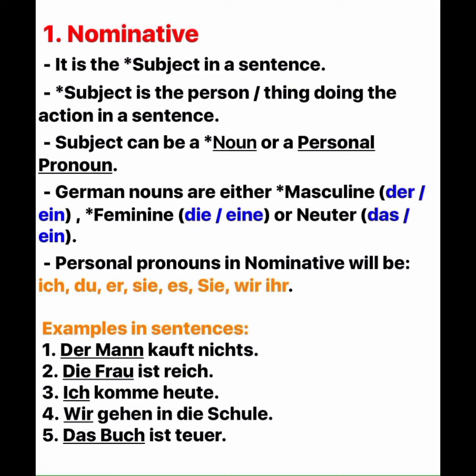The subject can either be a noun or a personal pronoun. When constructing a sentence in German, we conjugate the verb depending on the subject. That's why, when doing this topic, it's important to remind ourselves of the verb conjugations and the various endings. German nouns are either masculine, feminine, or neuter.